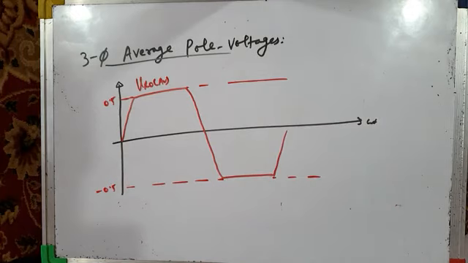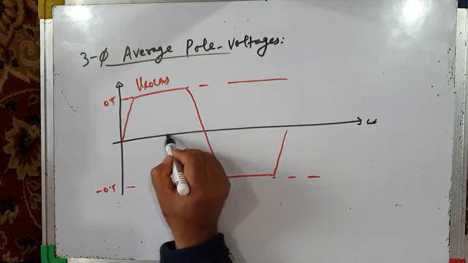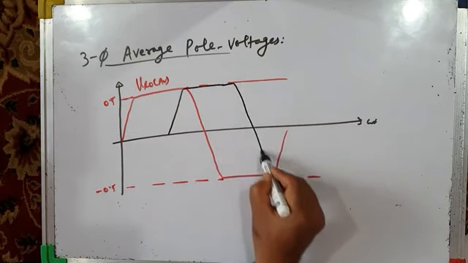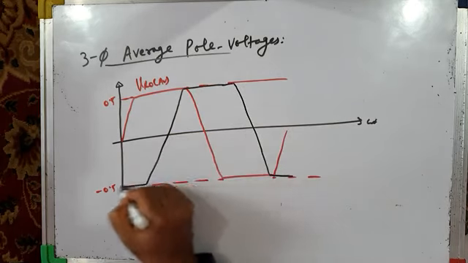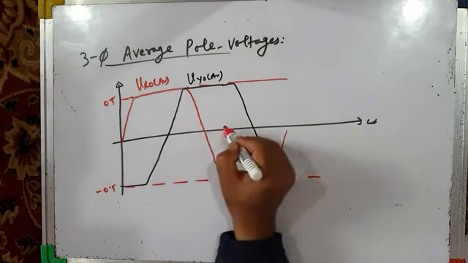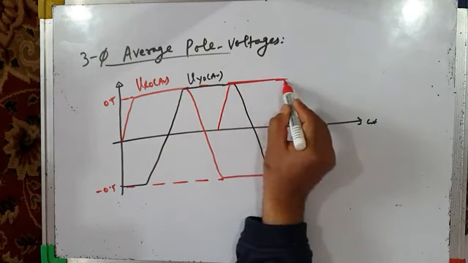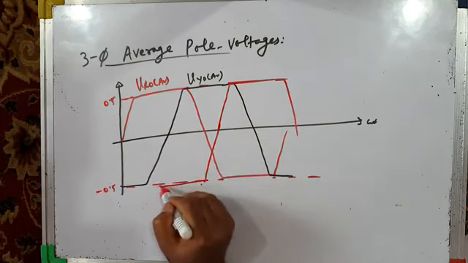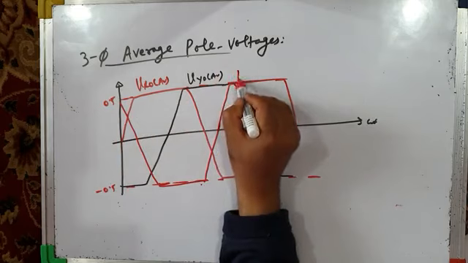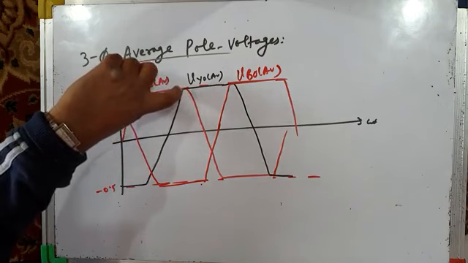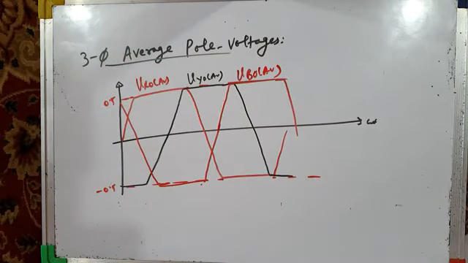Right? And this is VYO average, and VBO average will be somewhere here. This is VBO average. So these are three average pole voltages. You can see that pulse dropping is for greater than 150 degrees, right?